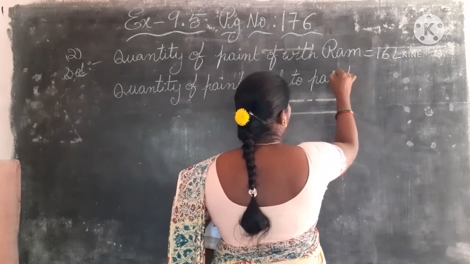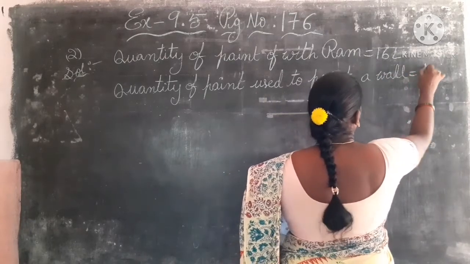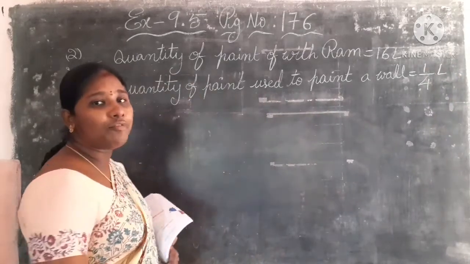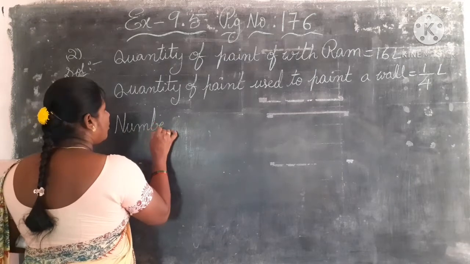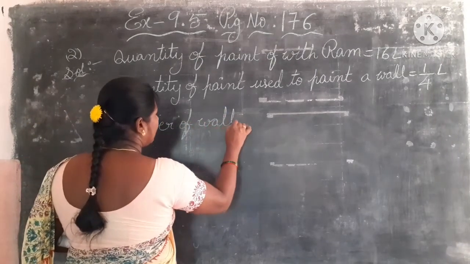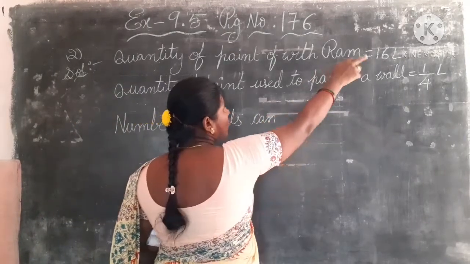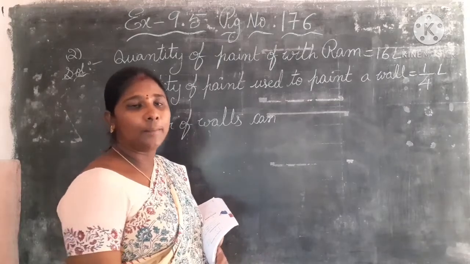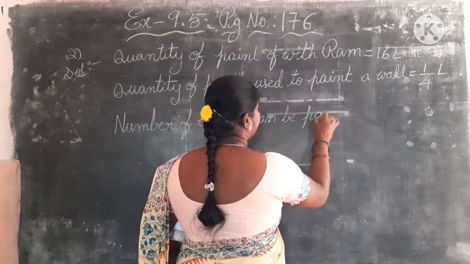For one wall, how much quantity of paint is required? 1/4 liters. So number of walls that can be painted. That means using the 16 liters of paint, how many walls can be painted?